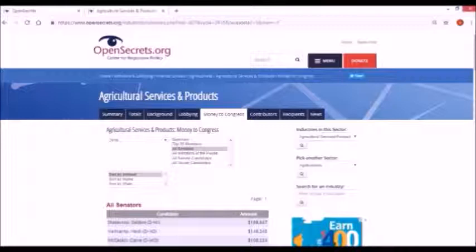The sector is agribusiness, and the industry is agricultural services and products. I took the list of senators and House members and put it into Excel, and then I ran some formulas against it, and I'll show you those in a minute.